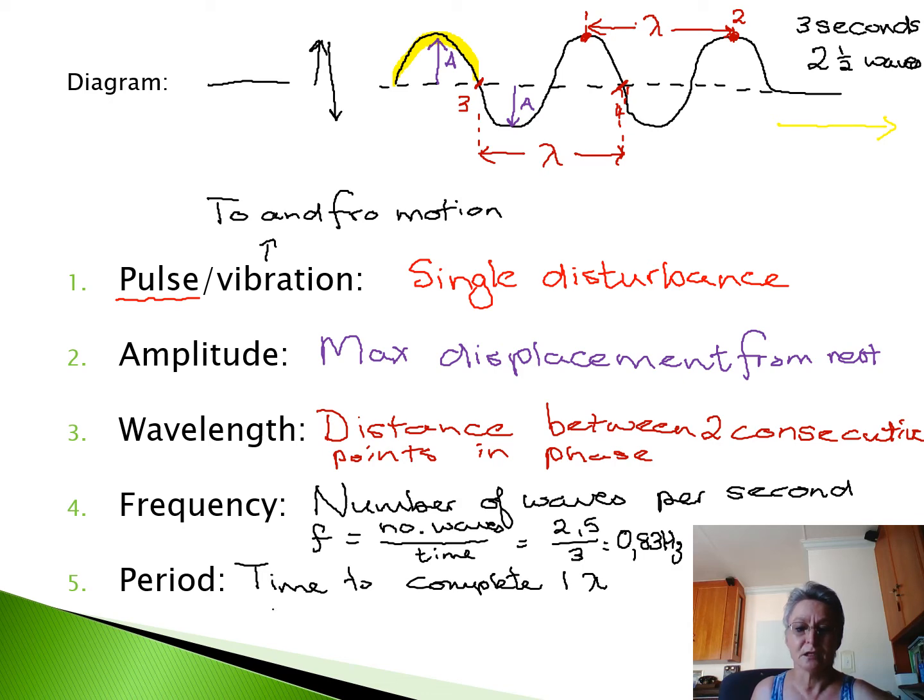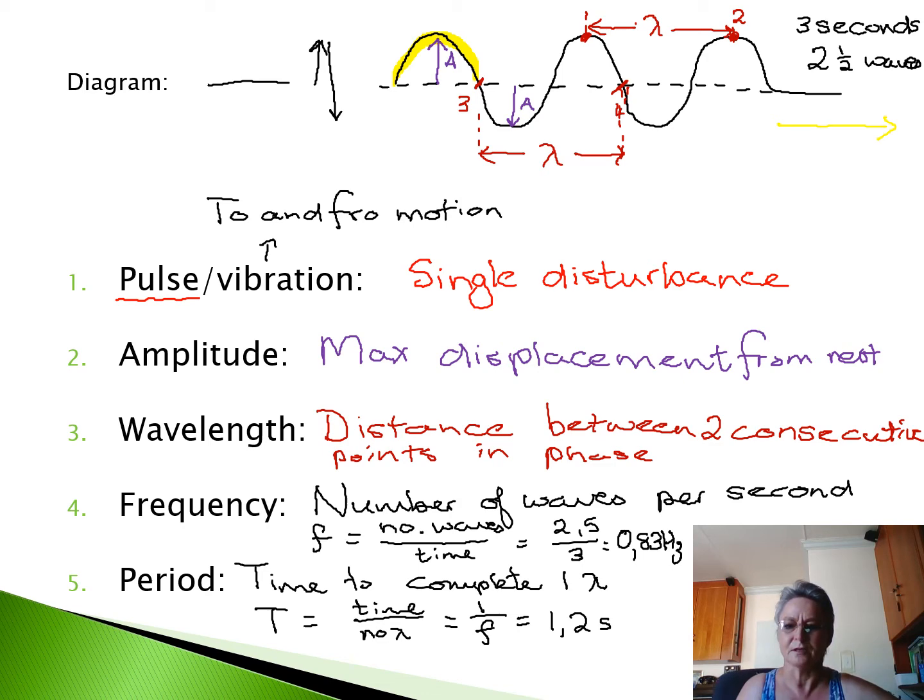So you can calculate period, capital T, by taking the time and dividing by the number of waves. But you can also use the frequency. It's the inverse of the frequency. If we get the inverse of the frequency, the answer is 1.2 seconds. So it takes 1.2 seconds to complete one wave. That is the period of the waves.